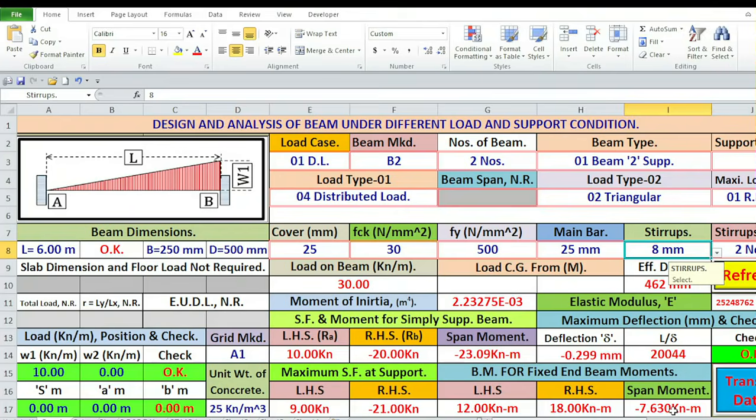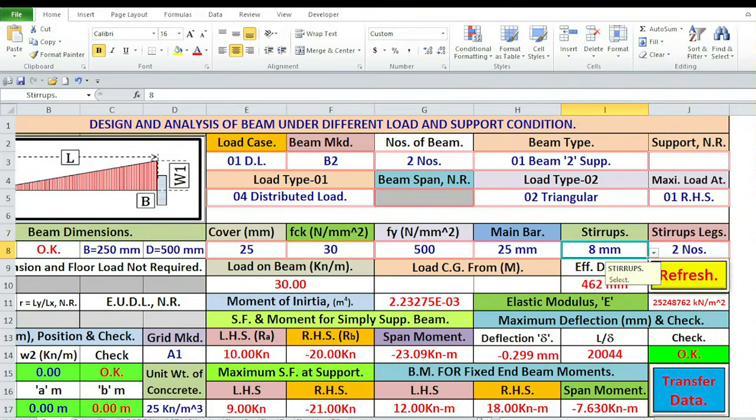Now when we are going to change the load pattern, that is when we are changing load pattern, maximum load at right hand support, left hand support, when maximum load is at right hand support, then all these values will interchange their position except span moment. Look here, now I am changing from right hand support to left hand support.